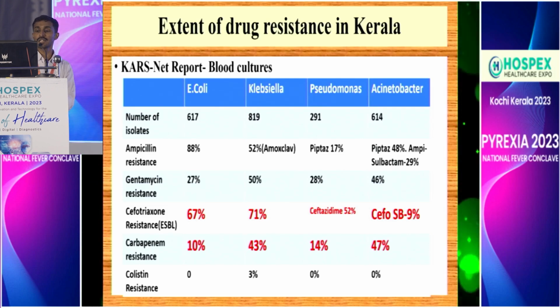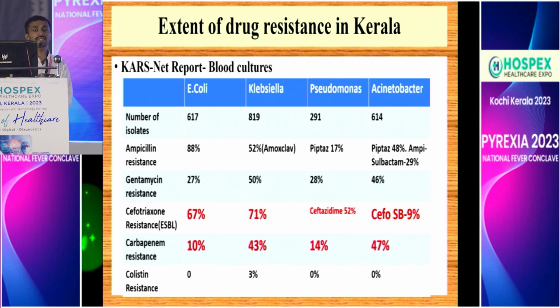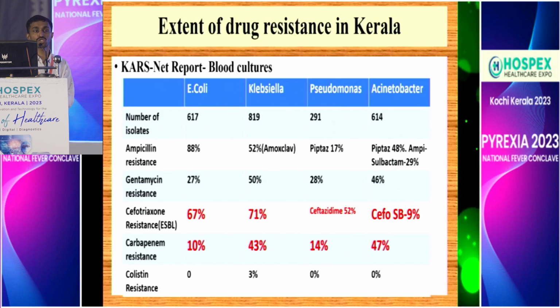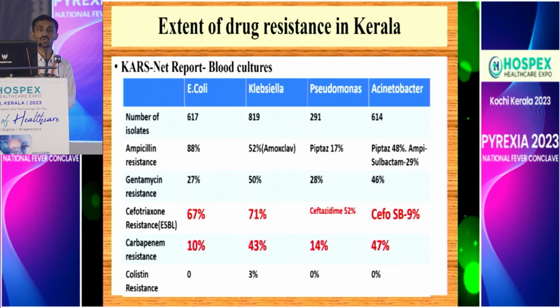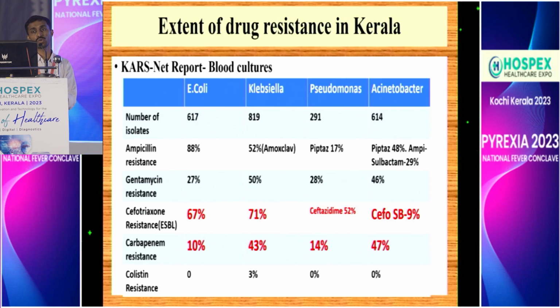In Kerala, of all the E. coli strains that were tested in the medical colleges and hospitals that were enrolled, 67% of them were ceftriaxone resistant. Klebsiella, 71% were ceftriaxone resistant. Pseudomonas is intrinsically resistant to ceftriaxone, so they tested ceftazidime, which was 52% resistant.